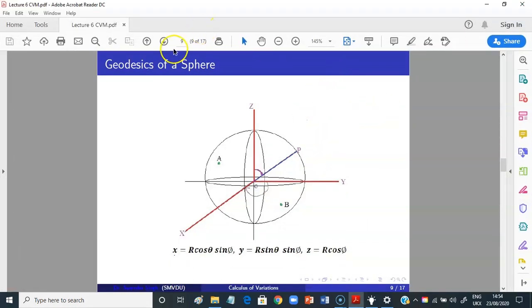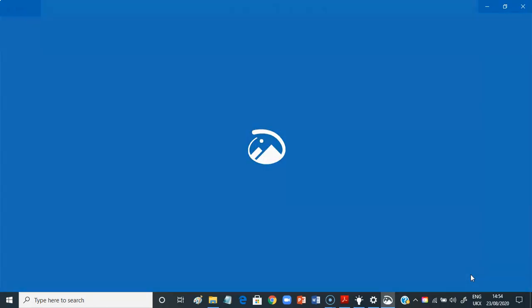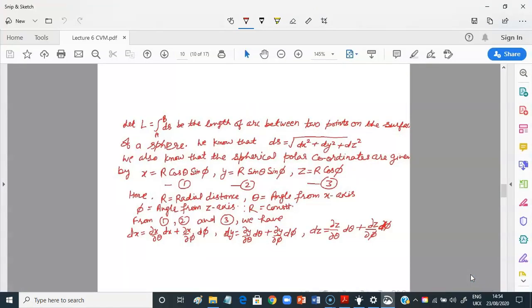Now we determine the arc length. When we are going to find the geodesics of a sphere, what does it mean? We are going to find the arc having minimum length.